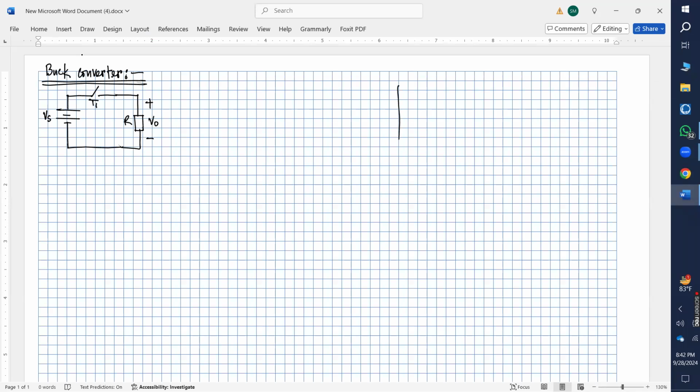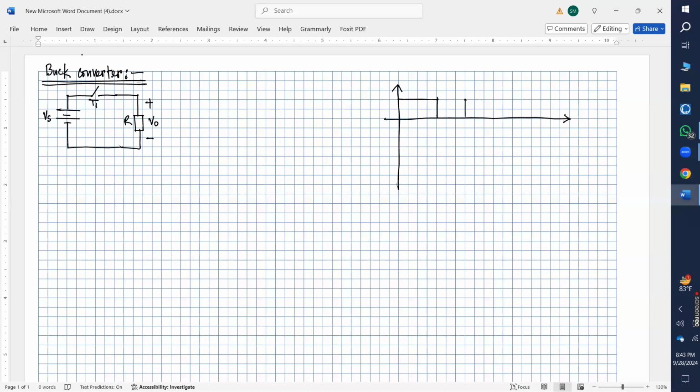We want to show you the pulses. Suppose we are considering the waveform for those pulses. Whenever there is a pulse, the switch will be on, and after some period, there will be no pulses, so the switch will be off.